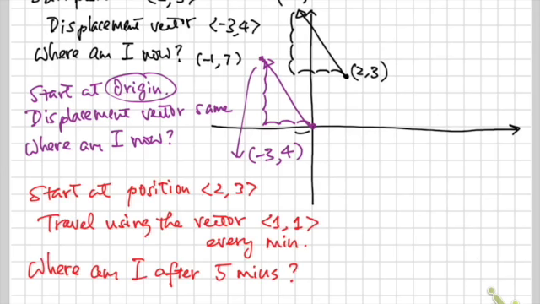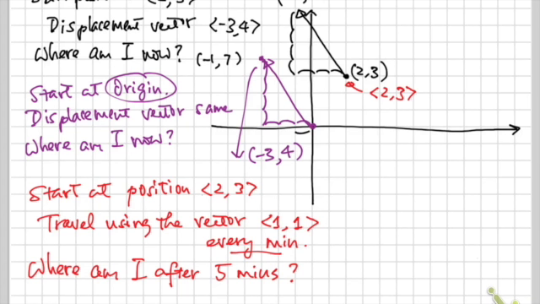Let's take a look at another example. So let's say I'm going back to position 2, 3. So this time I'm still going to start at 2, 3, but my travel vector is 1, 1, and it's at every minute.